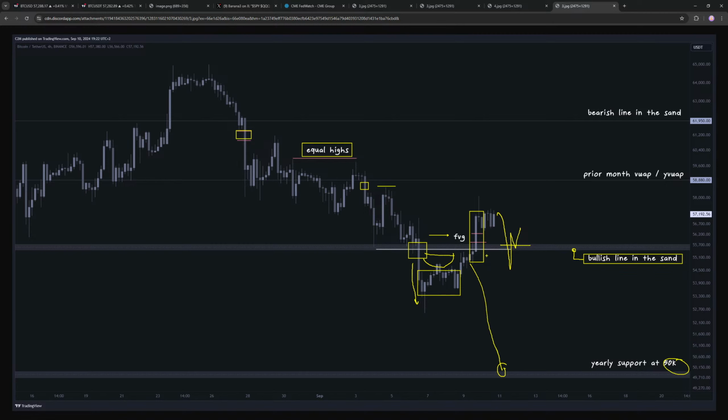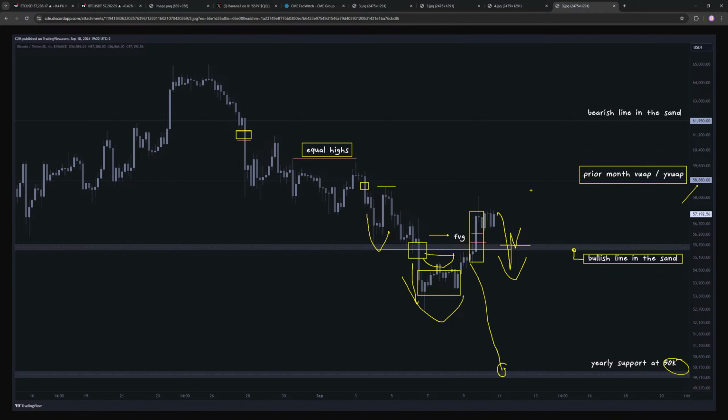At that point, I think it is safe to say that I'm not going to be drawing a meme. Yes, I'm going to do it. I think it's safe to say that we might be in for upside. And at that point, I think the next likely destination will be previous month VWAP alongside yearly VWAP at 58.8K.